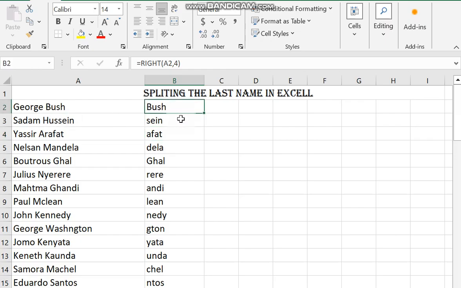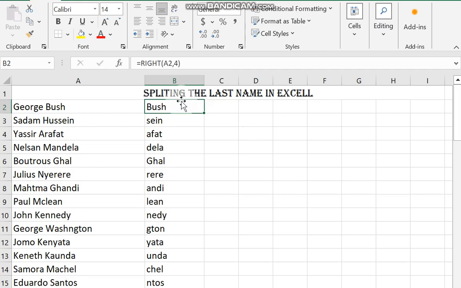Bush is in its complete form, but Hussein has started at "sein", Arafat has skipped 2 letters, Mandela has skipped "Man" and started with "Dela". Gal, fortunately, is correct, but with Nyerere, it is "Rere".